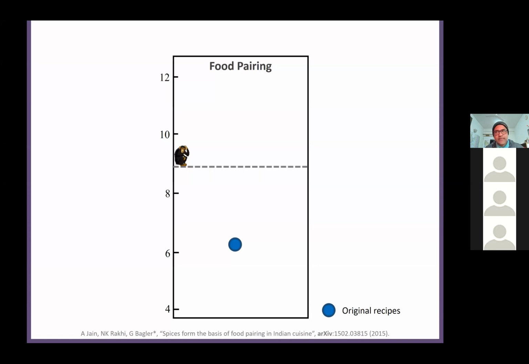We wanted to ask if there was any one category, such as spice, dairy, lentils, vegetables, fruits, etc., which might be explicitly contributing towards this food pairing pattern. So for that reason, we took the whole cuisine and, keeping everything else the same, randomized the ingredients of one category, for example, vegetables.